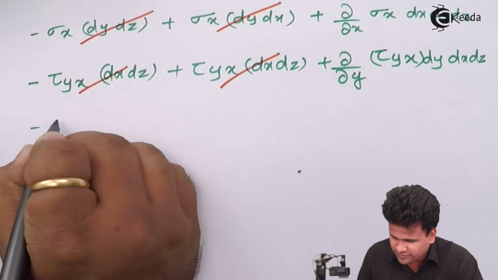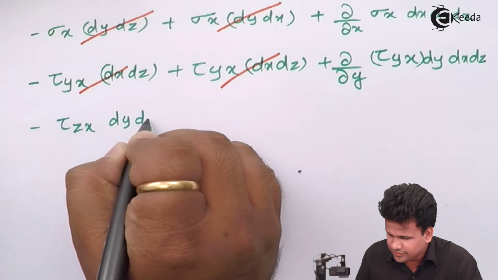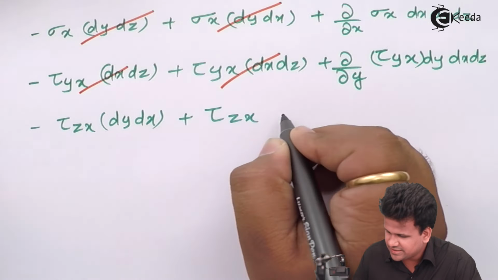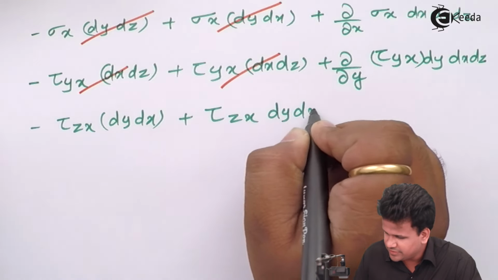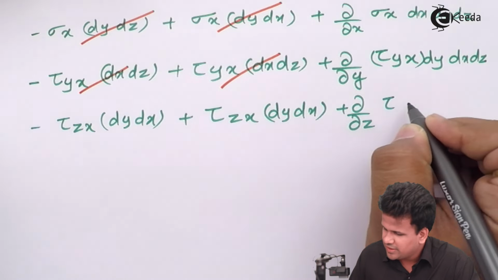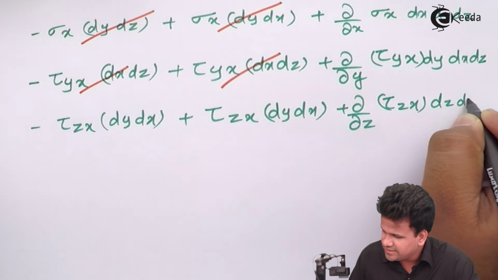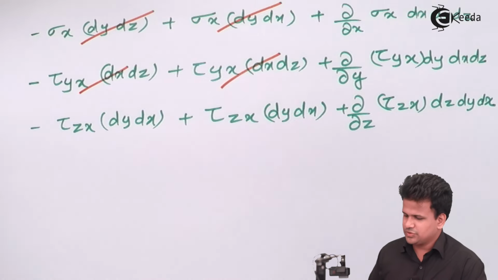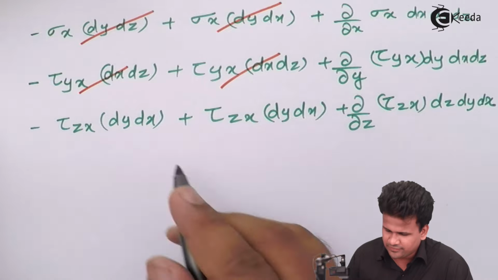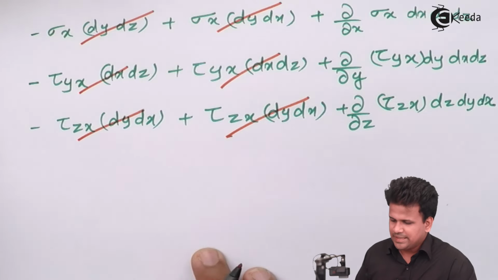This is minus of tau z plane x direction into dy into dx plus tau of z plane x direction into dy into dx plus dou by dou z tau of z plane x direction into dz dy into dx. We have written all three terms, and what will cancel out are these two terms. These two forces are equal in magnitude and opposite in direction.